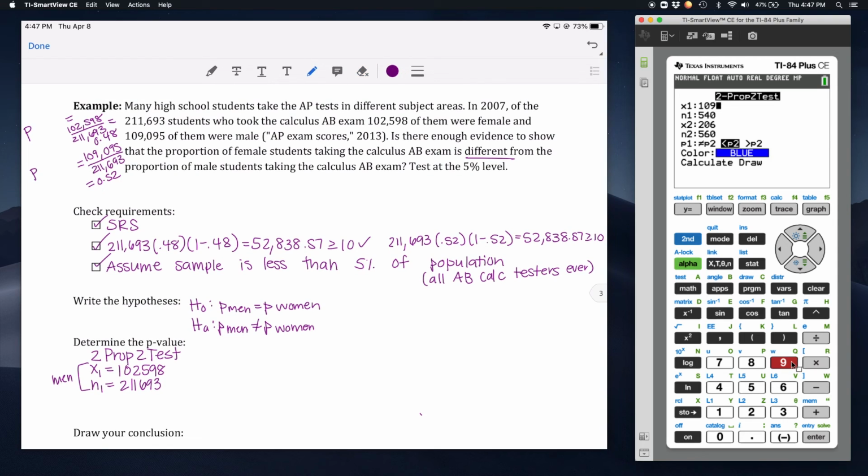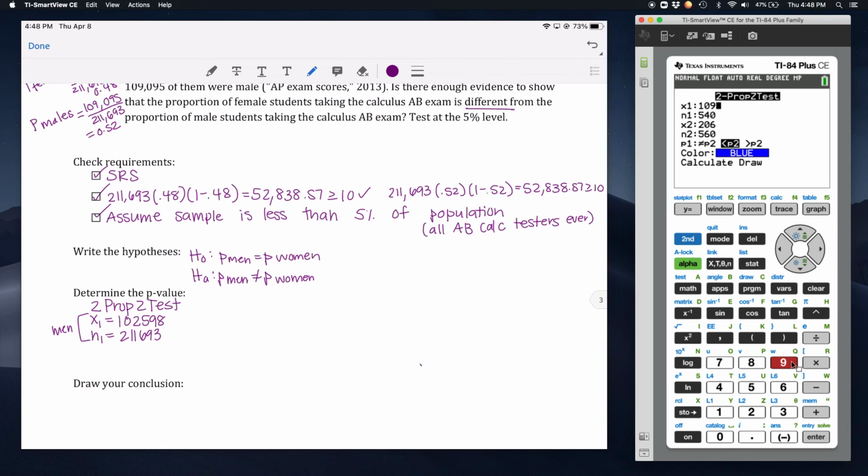It's okay, it hasn't impacted anything yet, but the females, this was the females, and this was the males. Okay, so based on the way we wrote it, we actually need to switch these. And we're going to have to use the larger number first, the 109,095. Close call there.